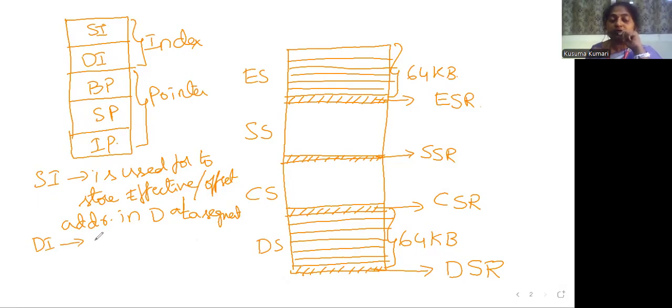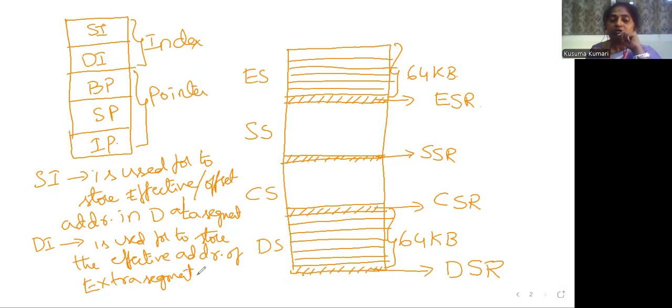Similarly, the destination index register is also used for string operations. It is used to store the effective address of the extra segment.